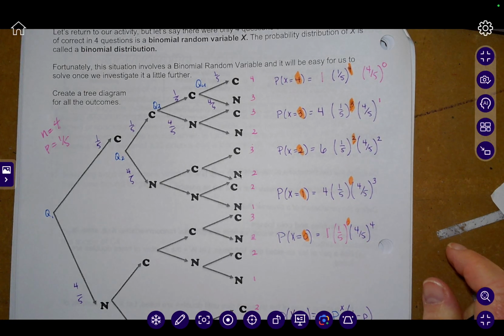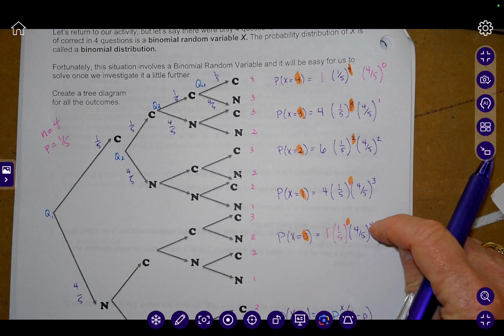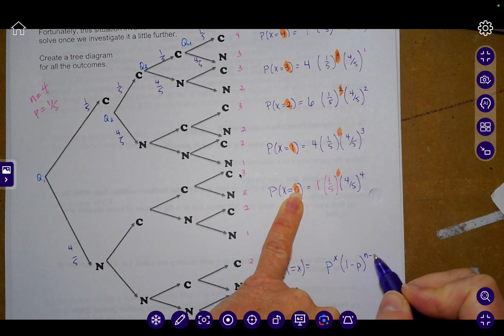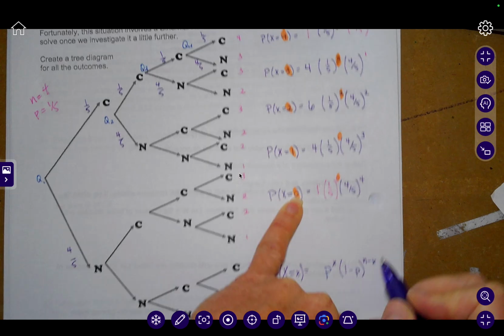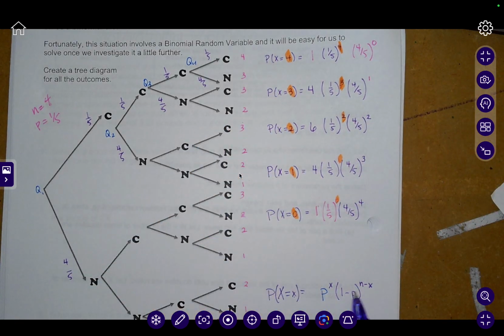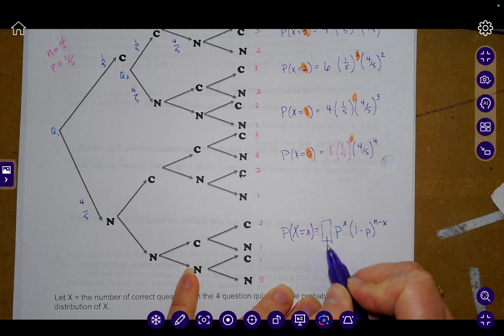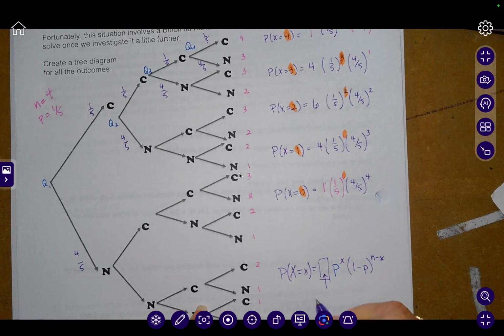And if you look at those numbers, they go 0, 1, 2, 3, 4. So if you take n minus whatever that x is, so 4 minus 0 is 4, 4 minus 1 is 3, 4 minus 4 is 0, you'll get that power. Then this right here, you notice I have 1, 4, 6, 4. So this is the number of arrangements.